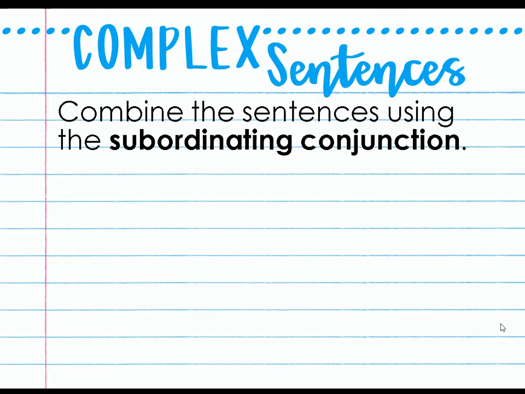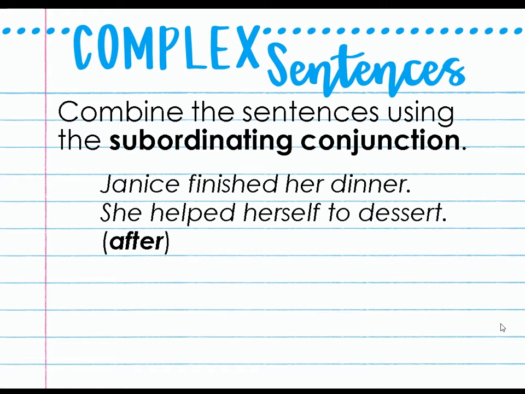Now let's practice combining some sentences using the subordinating conjunction given. We'll do the first one together, and then I'm going to have you pause the video and practice some on your own. Janice finished her dinner. She helped herself to dessert. I want to use the subordinating conjunction after to combine these sentences.